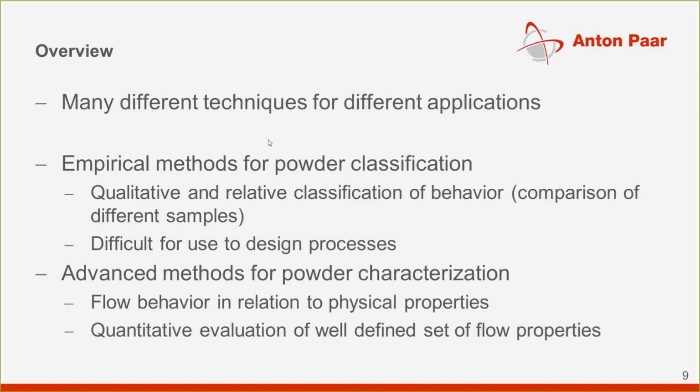And then there are more advanced methods, which are more for the characterization, so quantitative evaluation of powder and its flow behavior. These methods look at the flow behavior in relation to physical properties.